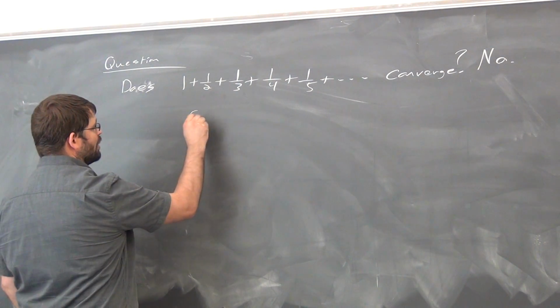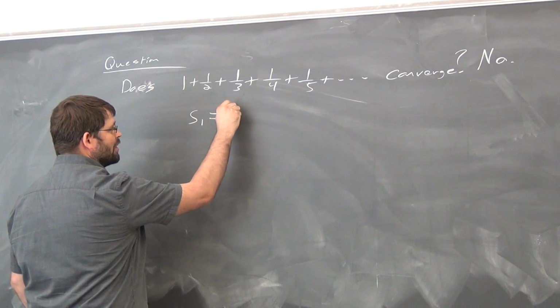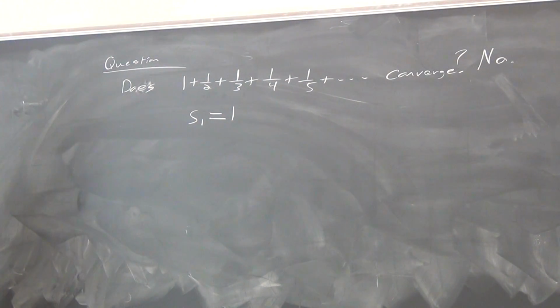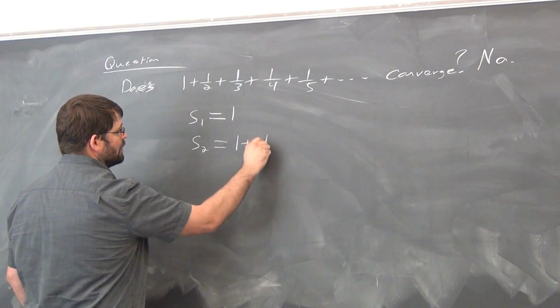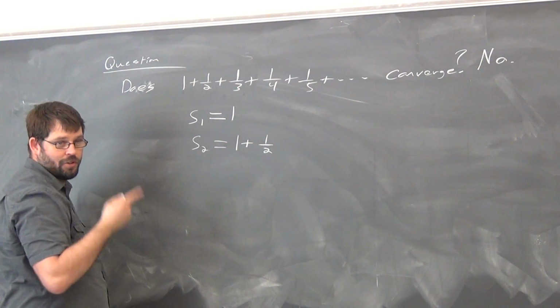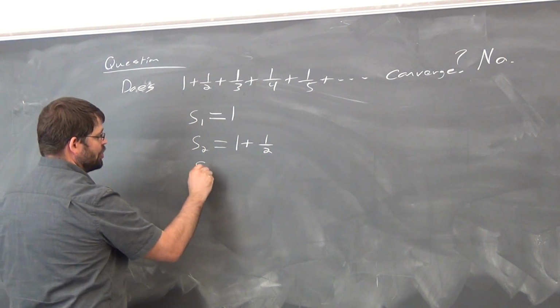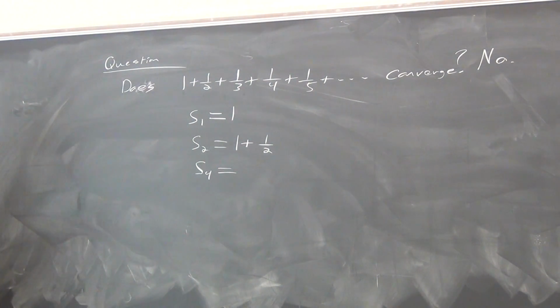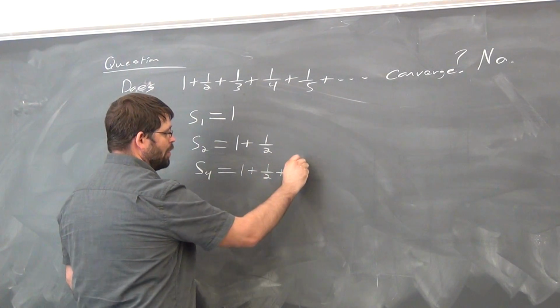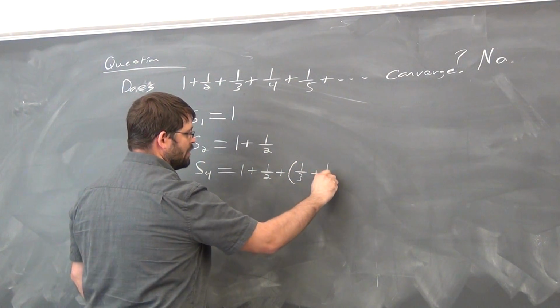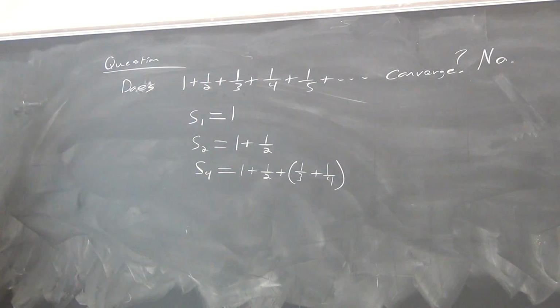So let's look at partial sums, and I'm not going to do all of them. I'm going to pick specific ones that are useful. S sub 1 is 1. What's S sub 2? 1 plus 1/2. You can combine it if you want. And then I'm going to jump to S sub 4. So S sub 4 is 1 plus 1/2 plus, and I'm going to do a grouping here of pieces. The 1 plus 1/2, I'm just going to leave on all of these.